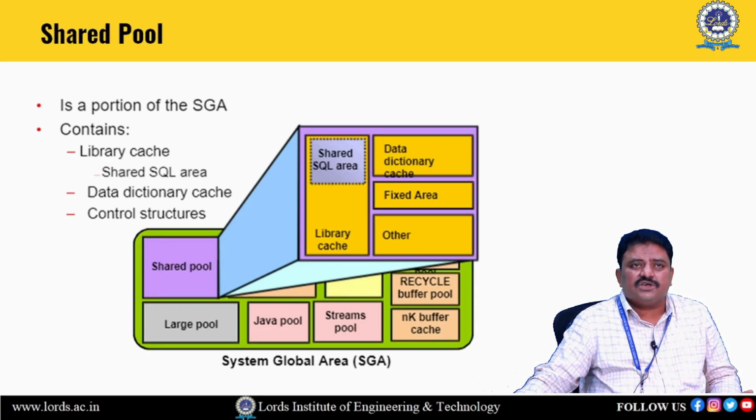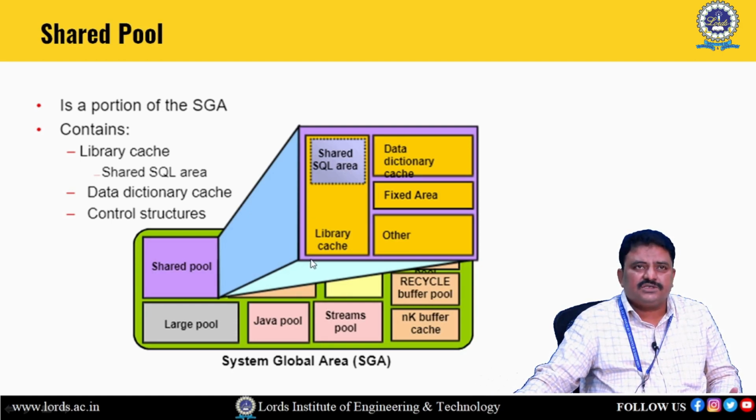And some data is already used by many users. For example, let's say one user says select star from EMP, and another user also says select star from EMP, and multiple users write that, and they all share the same block of data which is fetched from the physical database and loaded onto the SGA. That is the shared SQL area.